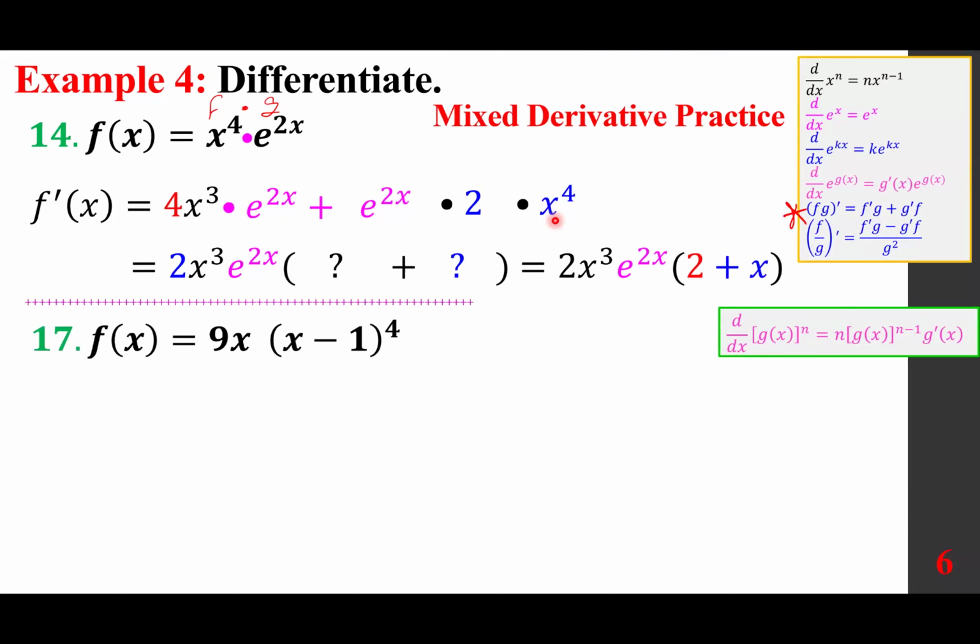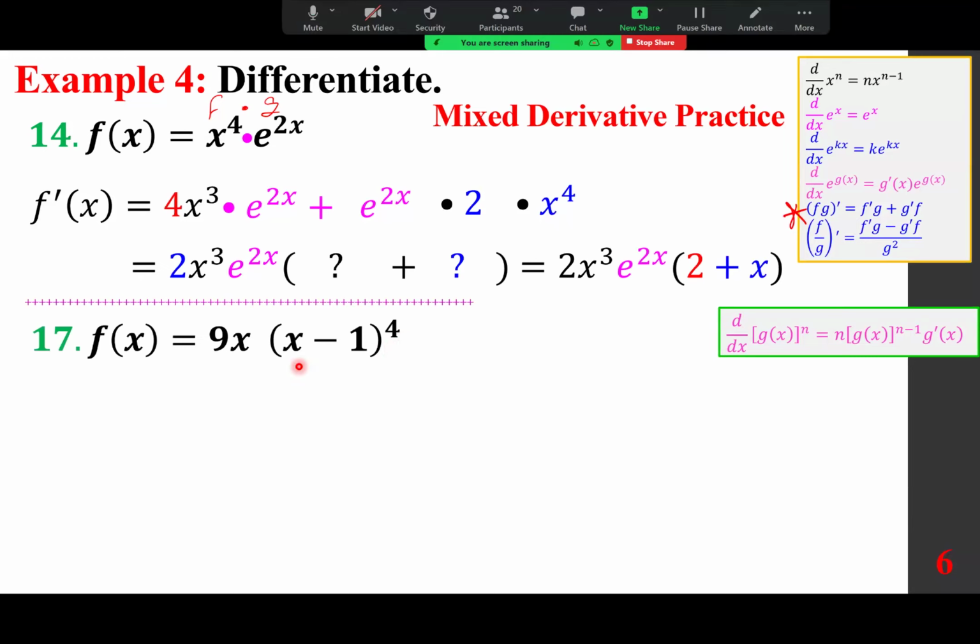This is the product. F of x is 9x times x minus 1 to the power of 4. We put a raised dot in between to show that we are going to use the product rule, and let's call them f and g. So we need f prime 9 times g, x minus 1 to the power of 4, plus g prime.